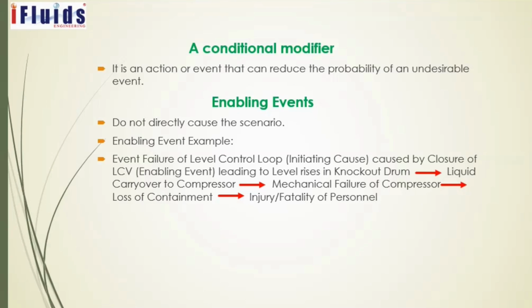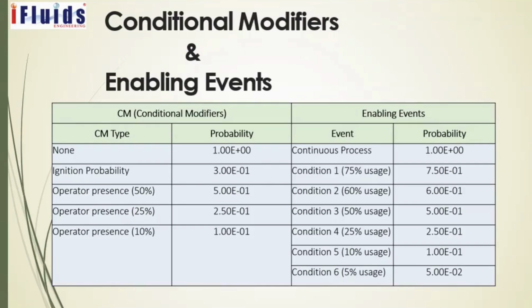So failure of the level control loop is the initiating cause, leading to a rise in the KOD level, which again causes liquid carryover to the compressor, which causes mechanical failure of the compressor, loss of containment, and injury and fatality to the personnel.